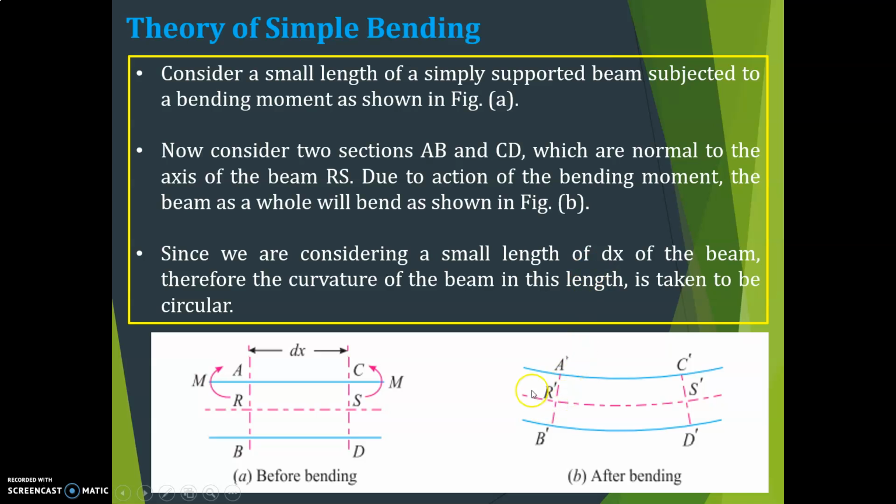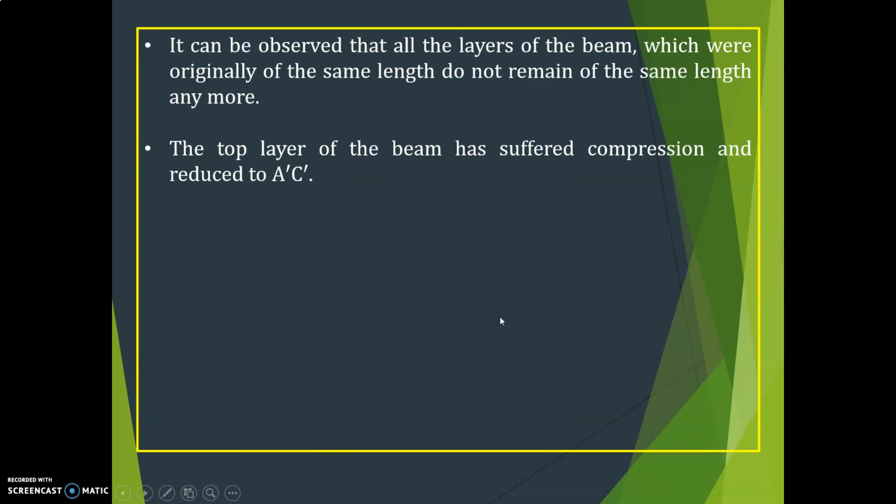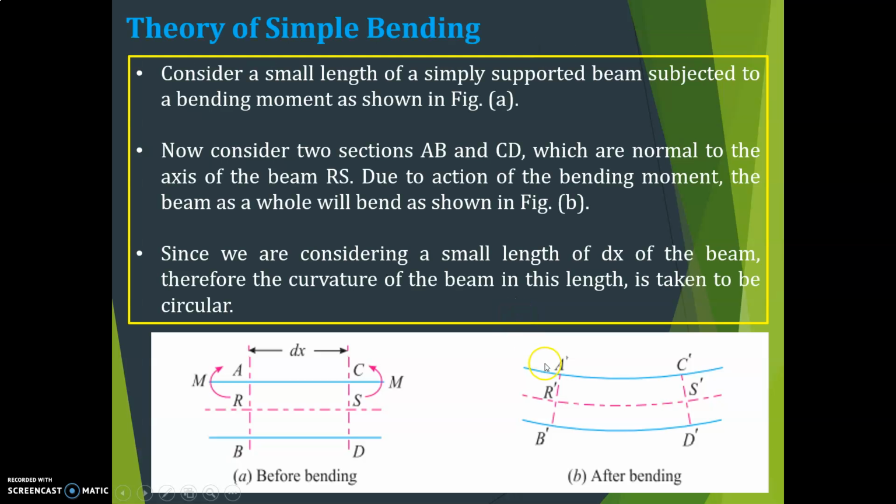You can see that all the lengths have changed. The top layer of the beam has suffered compression and is reduced to A dash C dash, and the bottom layer is elongated and increased to B dash D dash.